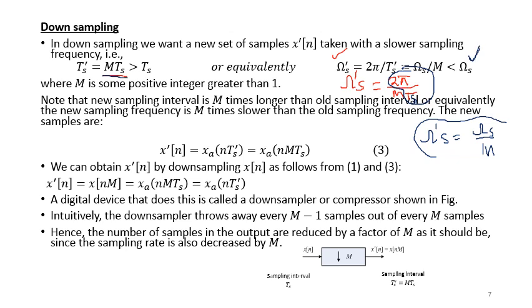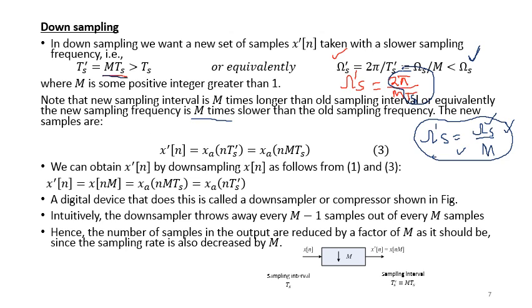So I can write omega prime s equals omega s divided by M. So you can say that the sampling frequency has been reduced by a factor of M. Previously it was omega s, now it's omega s by M. We can say that the new sampling interval is M times longer than the old sampling interval, or equivalently the new sampling frequency is M times slower than the old sampling frequency.